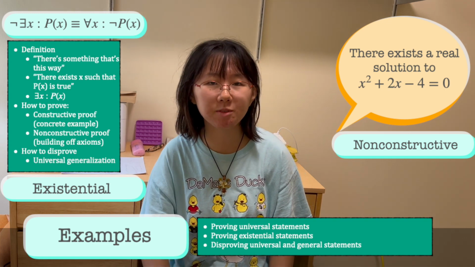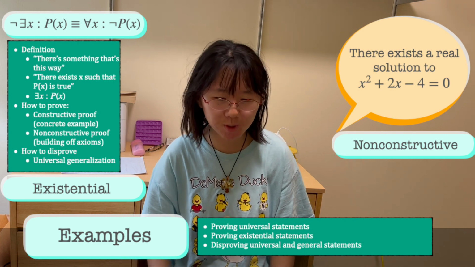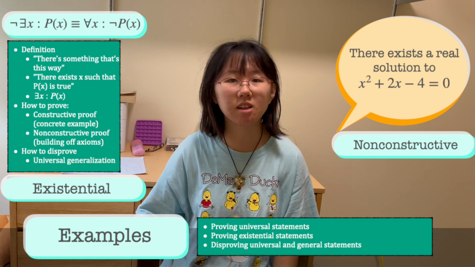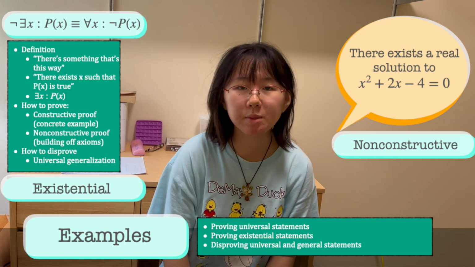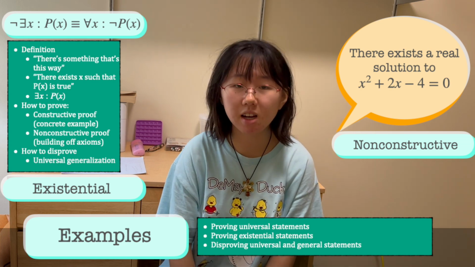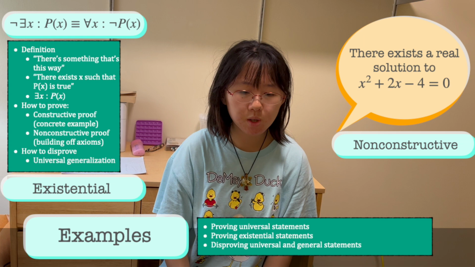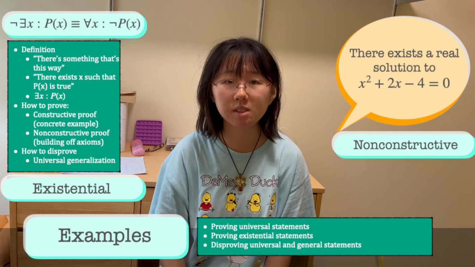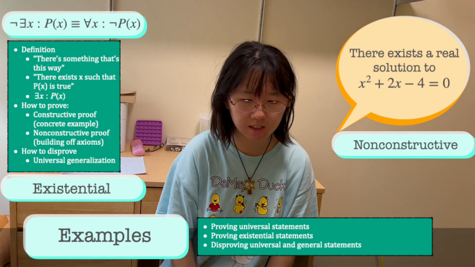So we know that f of 0 is negative 4 because 0 squared plus 2 times 0 minus 4 is just negative 4. And that f of 2 is equal to 4. Once again, we just plugged 2 in. The reason why I picked 2 is just because I knew that that would give me a positive number. So we know that f of x is a polynomial and it's continuous by some things that we learned in calculus or maybe analysis if you've taken that.